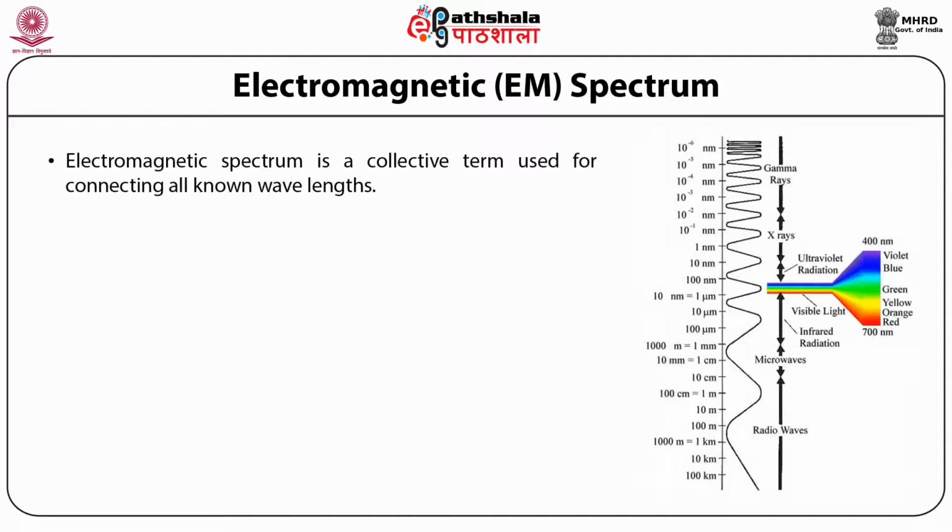The electromagnetic spectrum, as shown in the left picture, is a collective term used for connecting all wavelengths that we know. They are only different wavelengths and frequencies. These are all transverse waves which propagate through vacuum, and the properties depend on the wavelength or frequency.